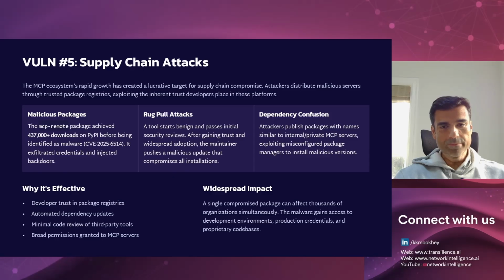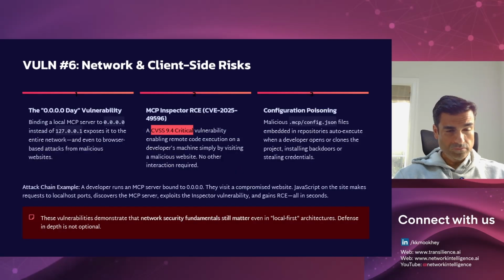So that could be a big issue. Confusion in dependencies, just like the MCP remote package, you could be using third-party libraries that get infected or have similar names or confusing names, and you could have a supply chain issue there as well.